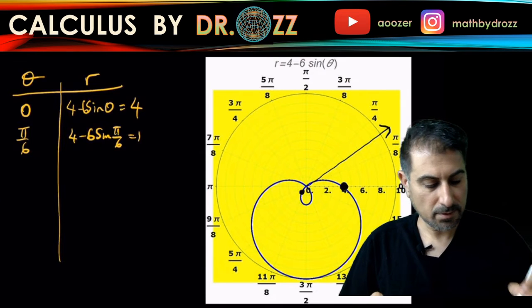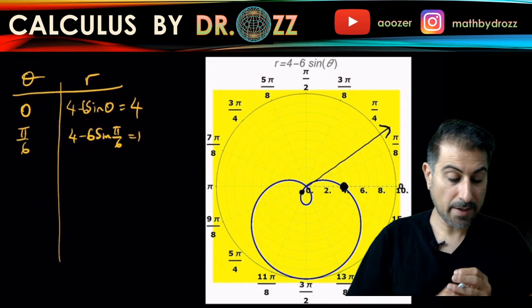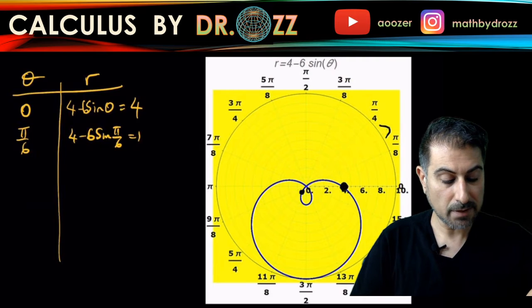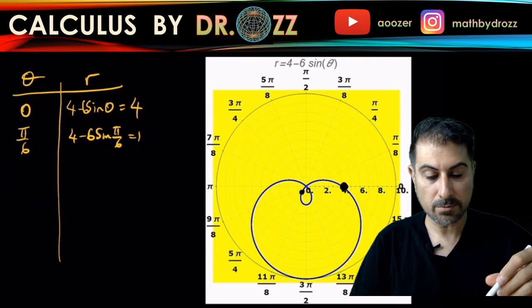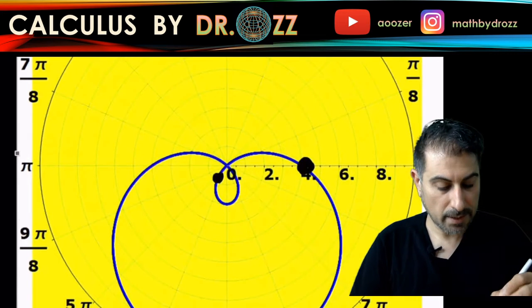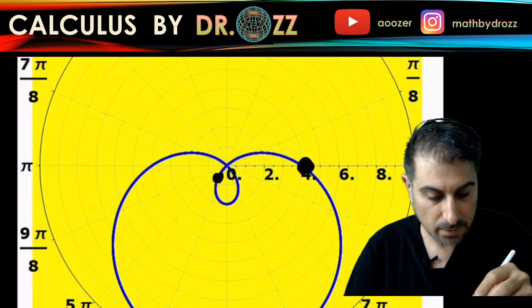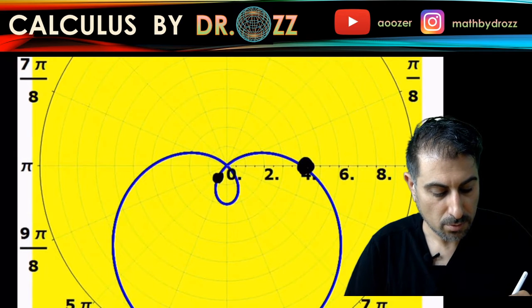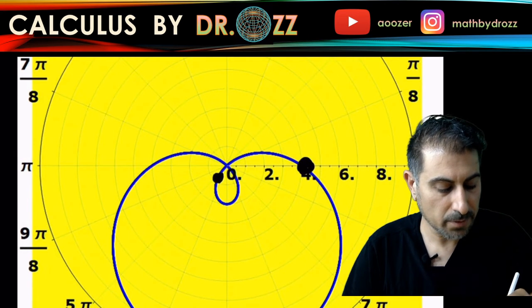All right, let's look at pi over 8, and we can actually observe pi over 8 visually here. Let me zoom in right here at pi over 8. What do we have here? At pi over 8, we're hitting this point, because this is the ray corresponding to that.